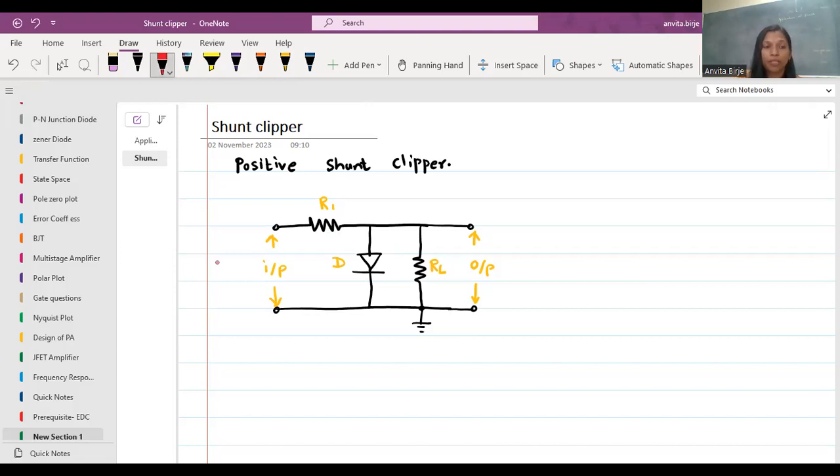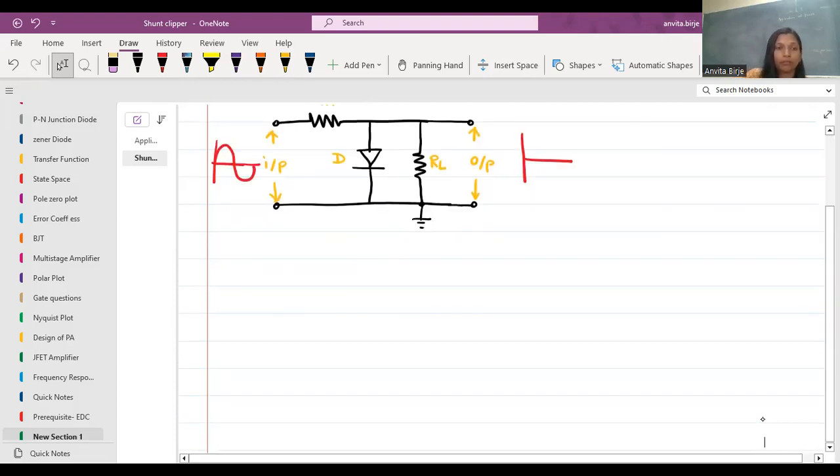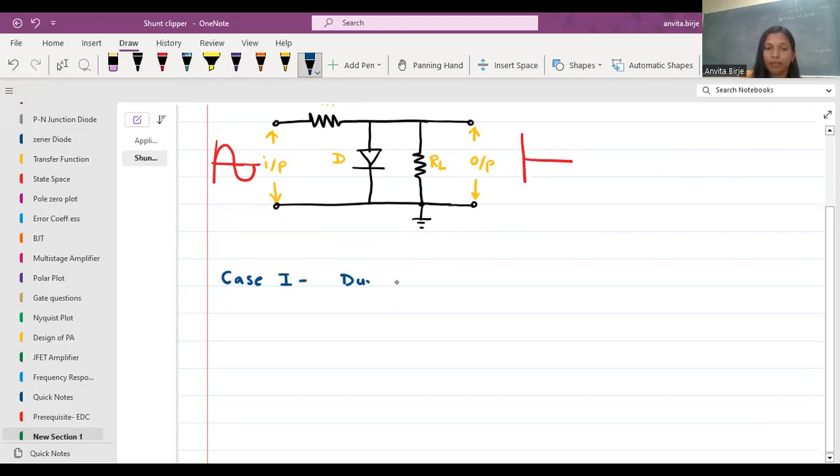Suppose I'm considering this is my AC input signal, with a positive half cycle and negative half cycle given to this diode, and we have to check the output at these two ends. For that, we consider two cases: case 1, positive half cycle, and case 2, negative half cycle. Consider case 1, during the positive half cycle.